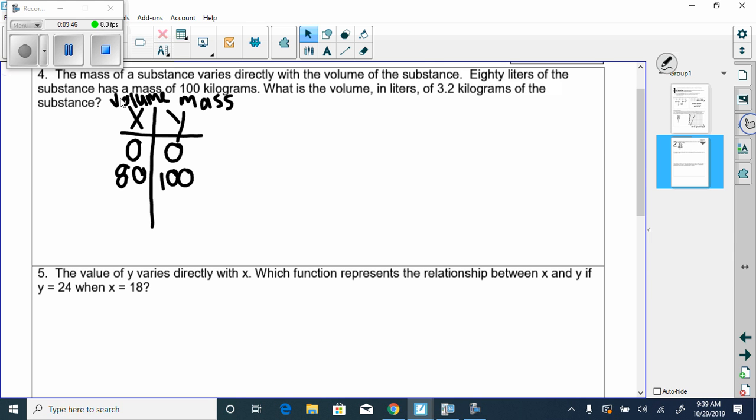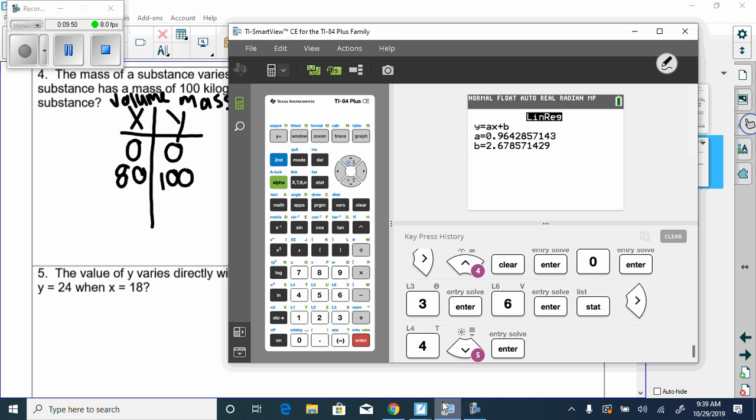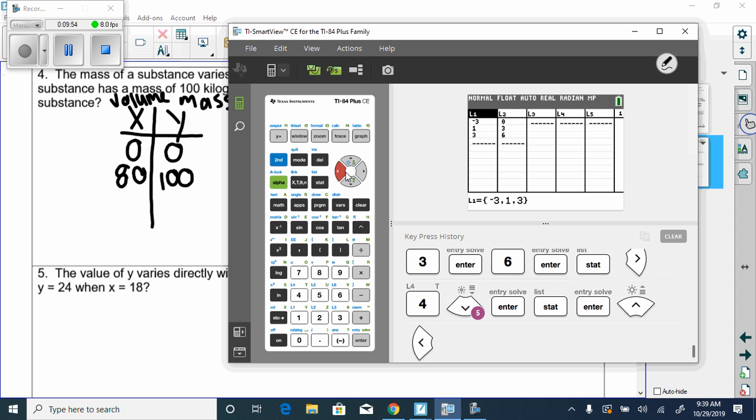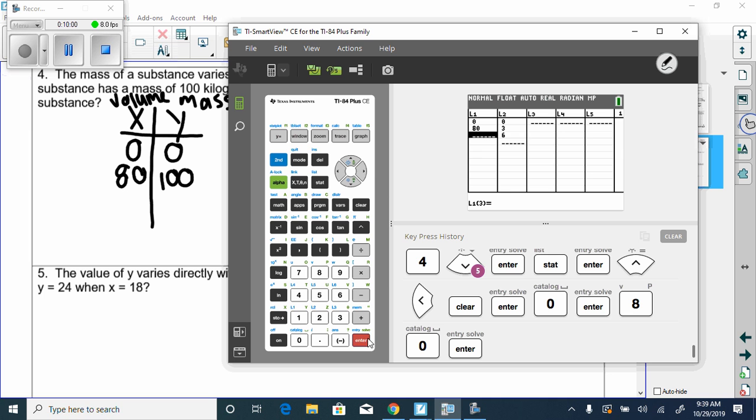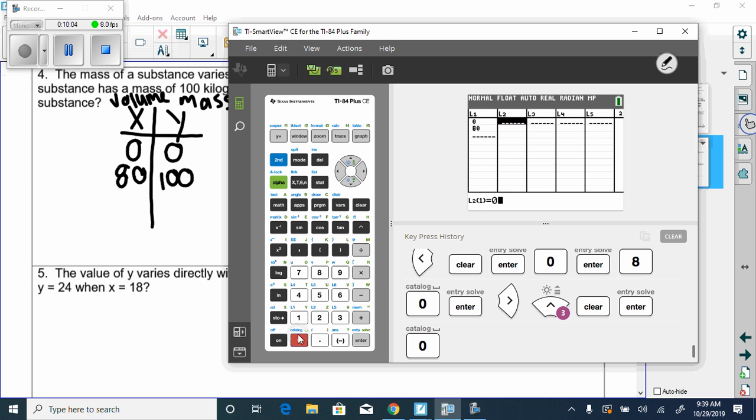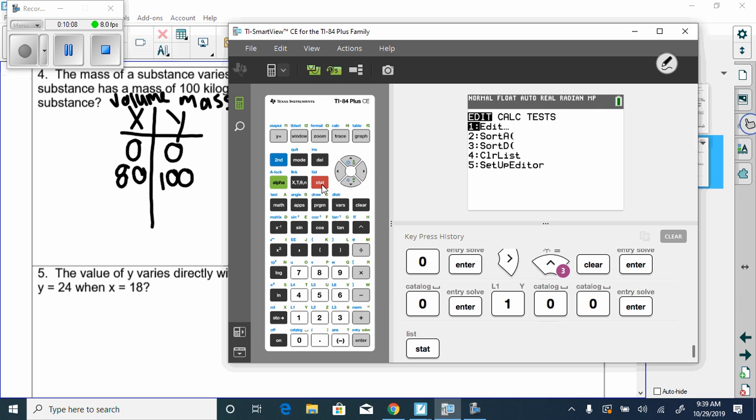Good. Yes, so we could put this in our calculator to come up with some equation. So my list 1 is going to have 0 and 80. And my list 2 is going to have 0 and 100. So stat, calc, 4.